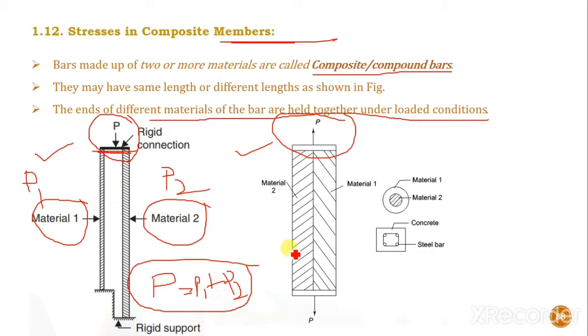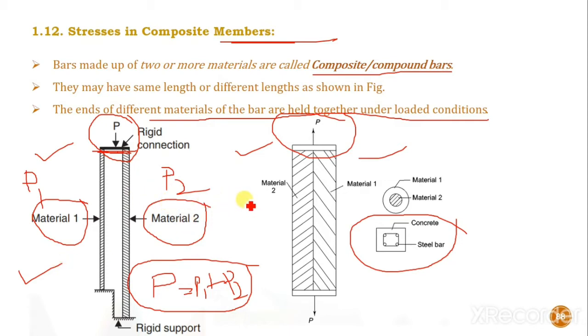As you can see in this picture, the length of both the materials is the same. Generally in a concrete column, the length of the concrete portion and the steel bar are going to be the same. But there are also cases where the two members may not be the same length.